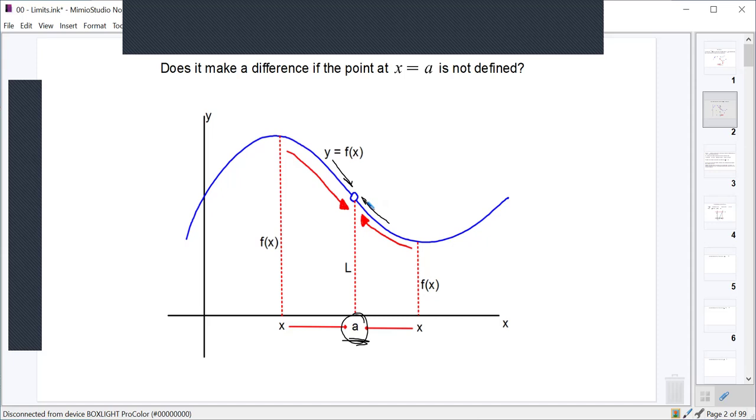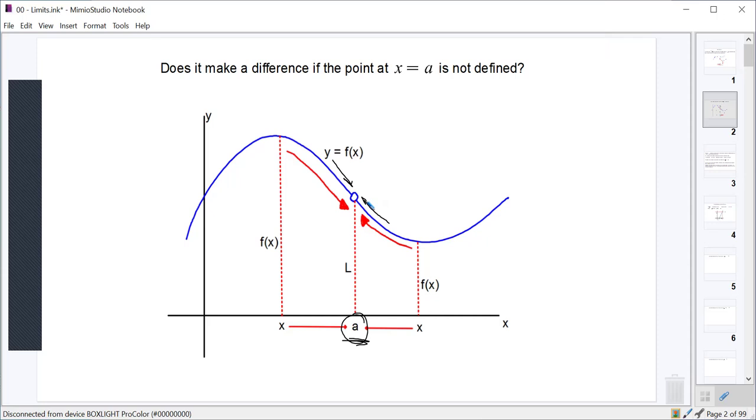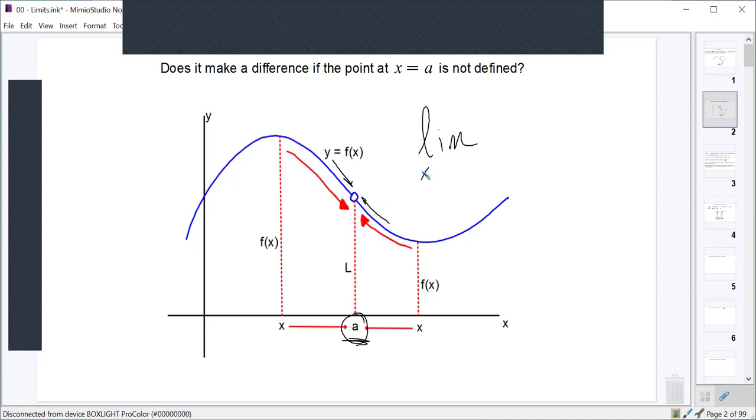That there's not actually a point there at x equals a. But that doesn't matter for a limit. For this, we would still say that the limit as x approaches a of f of x is equal to L. Because as x gets very close to a, the function gets very close to L. That's all there is to it.